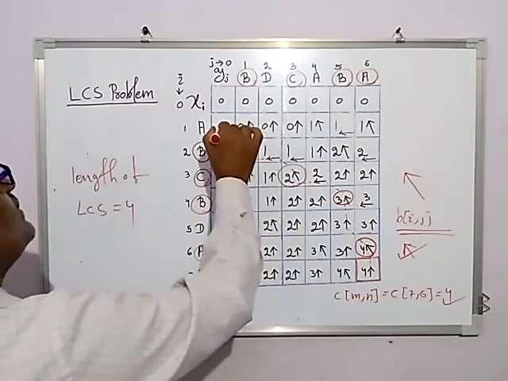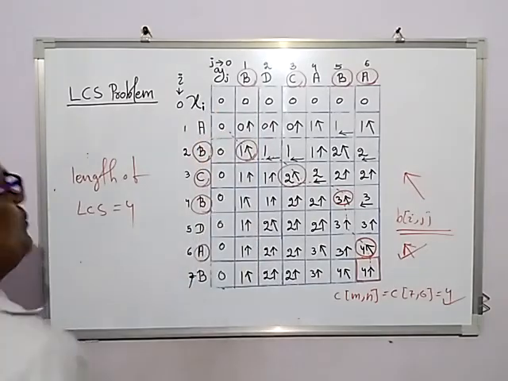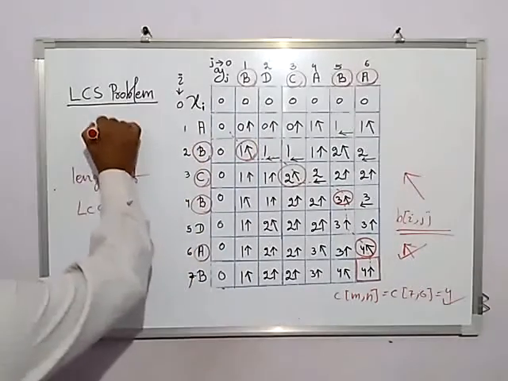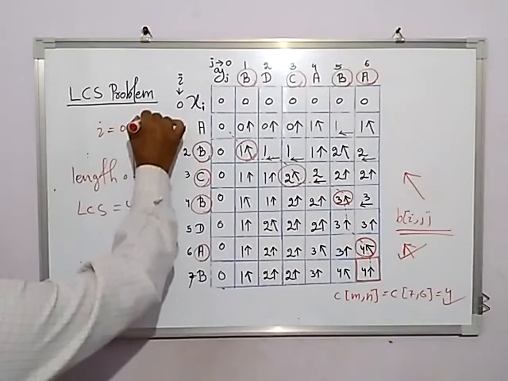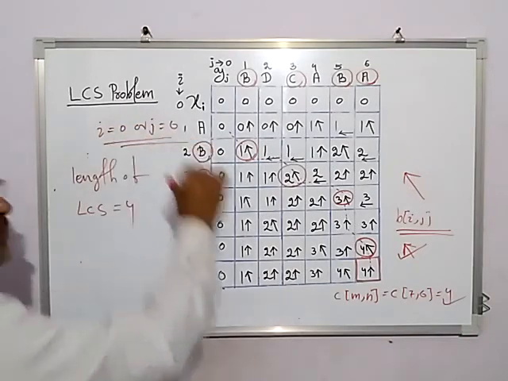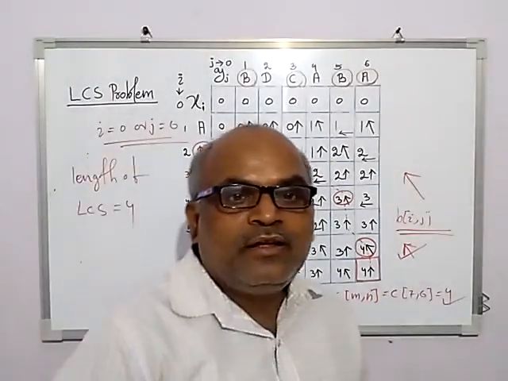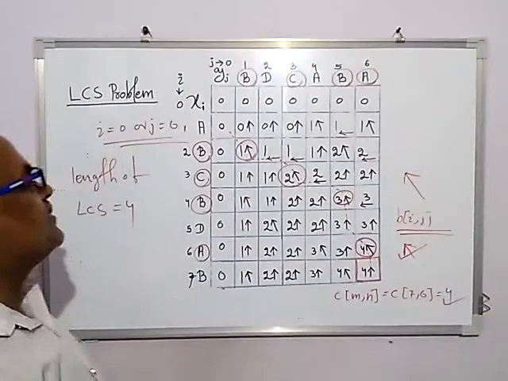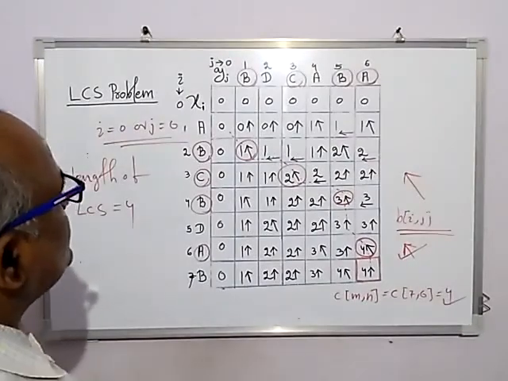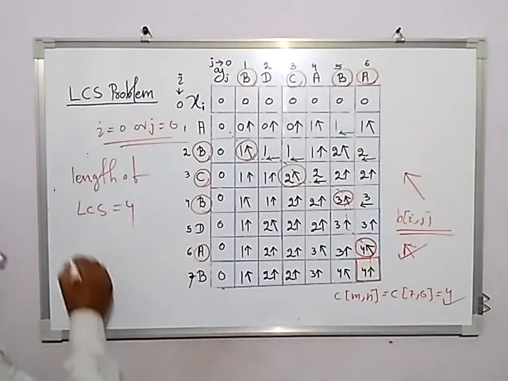So in this case, your j equal to 0. You have to remember, if i equal to 0 or j equal to 0, you stop the process of finding the characters of LCS. Now, what are the elements of LCS?